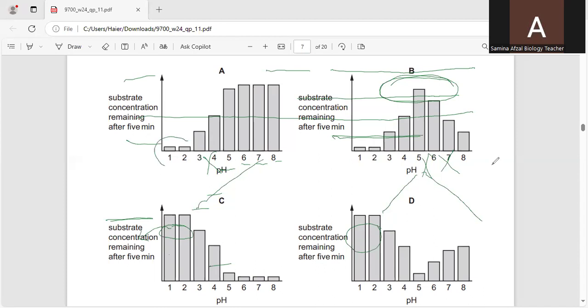At pH 1 or 2, digestion rate is highest, then substrate concentration increases as pH increases. So A is the correct option. Only A is the correct option. B, C, and D are not the correct options.